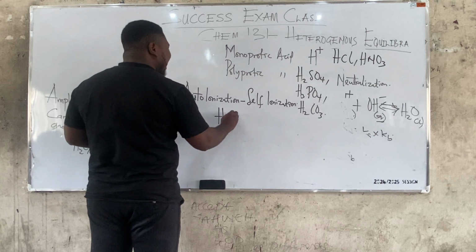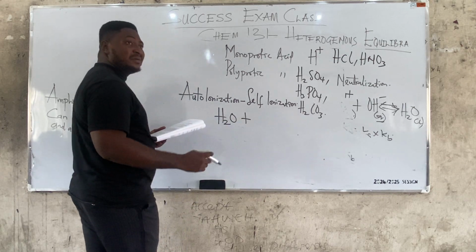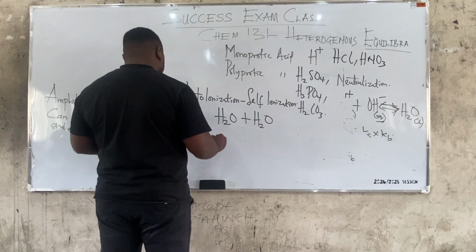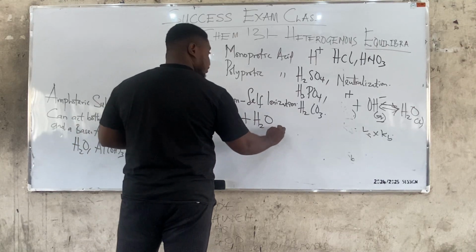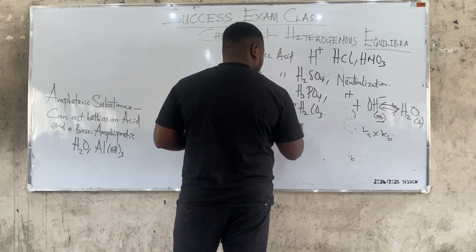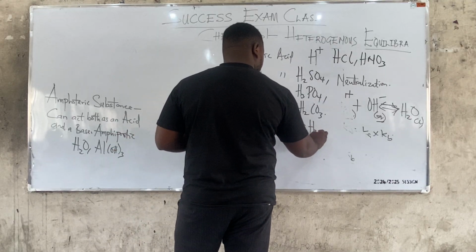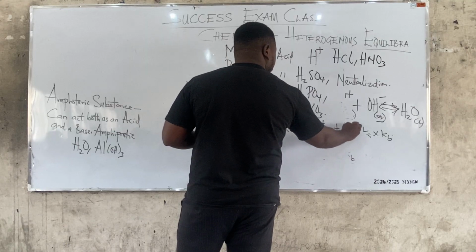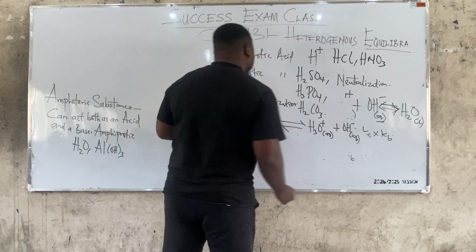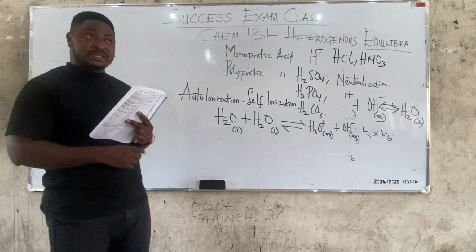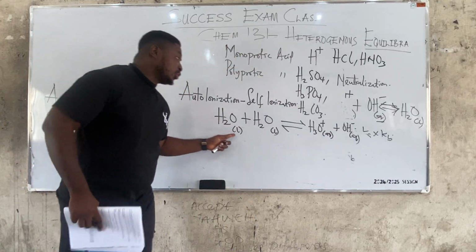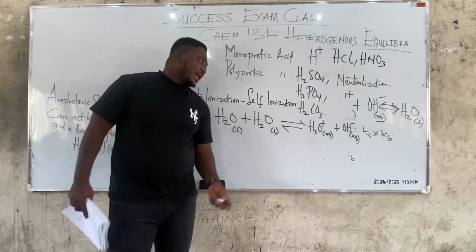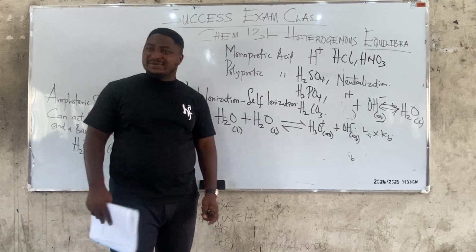You could be asked to write down the reaction that occurs when auto-ionization occurs in water. Two liquid water molecules ionize in each other. So anytime you are mixing water with water, you are already doing auto-ionization without knowing.